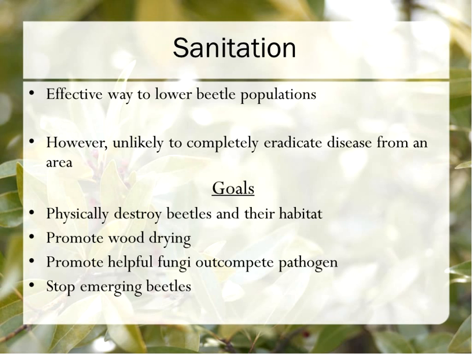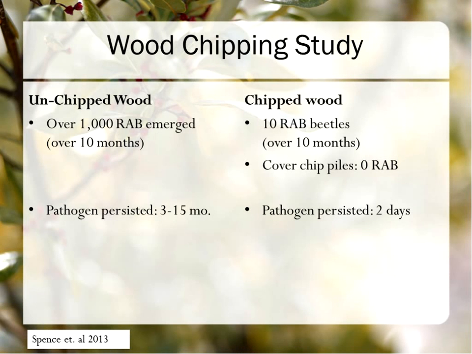By promoting wood drying, you're selecting against the Laurel Wilt fungus, the Raffaelea fungus, and promoting competition. There was a study done on wood chipping and how the beetles and the fungus survived in chipped wood.